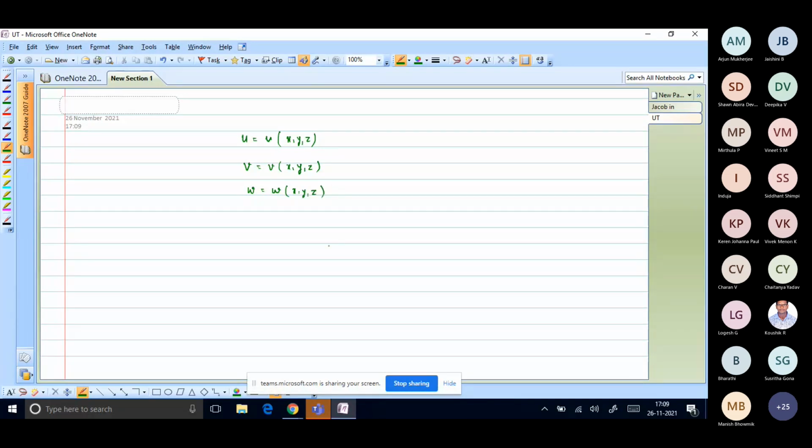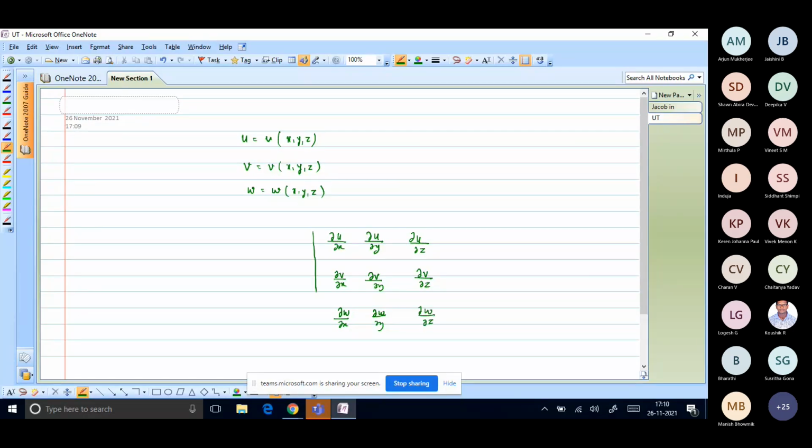Then the determinant: first row del u upon del x, del u upon del y, del u upon del z; next row del v upon del x, del v upon del y, del v upon del z; next del w upon del x, del w upon del y, del w upon del z.